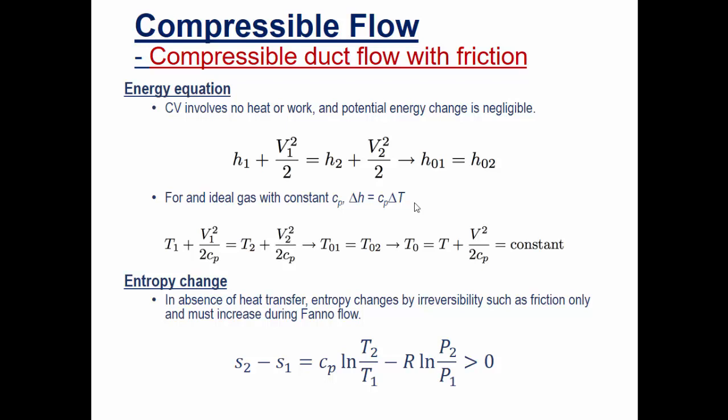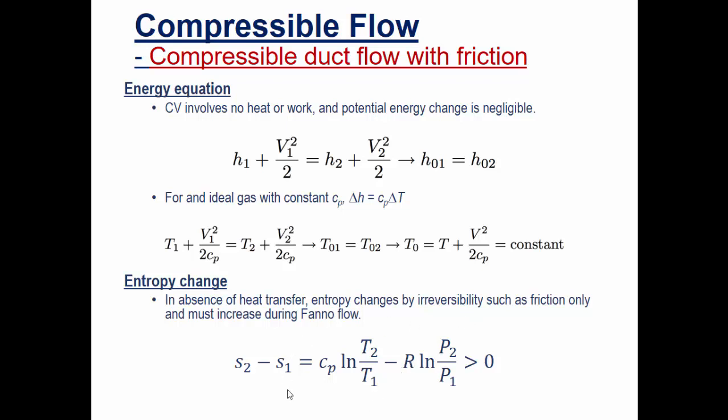Since this is an irreversible flow with some degree of irreversibility due to the friction itself, there must be an entropy change, and the change of entropy is represented by this expression, where the change of entropy between before and after the control volume is equal to Cp times the natural log of the ratio between T2 and T1, minus the specific gas constant times the natural logarithm of the ratio between P2 and P1.